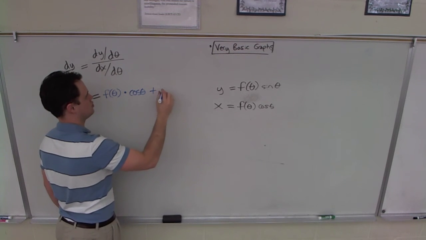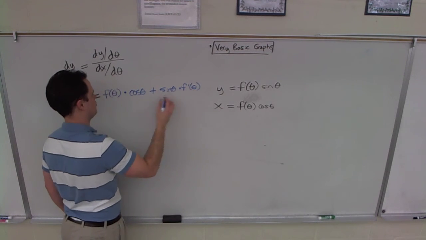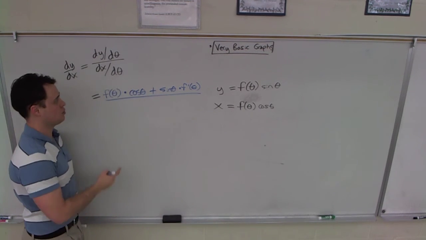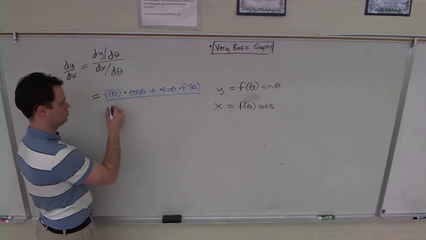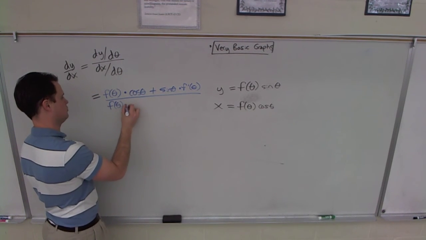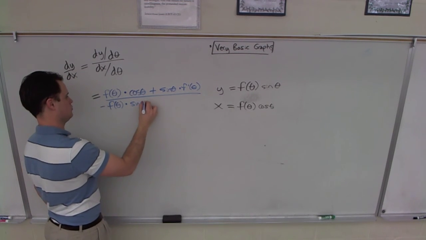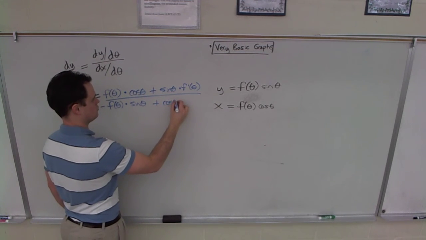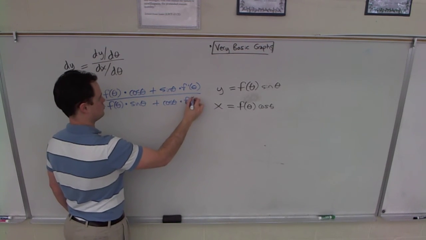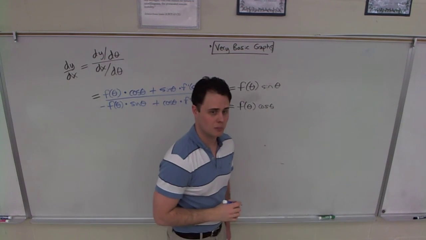I guess I'll be consistent: first derivative of second, second derivative of first. That's what's on top. How do you take dx d theta? That's how you do polar derivatives, right there.